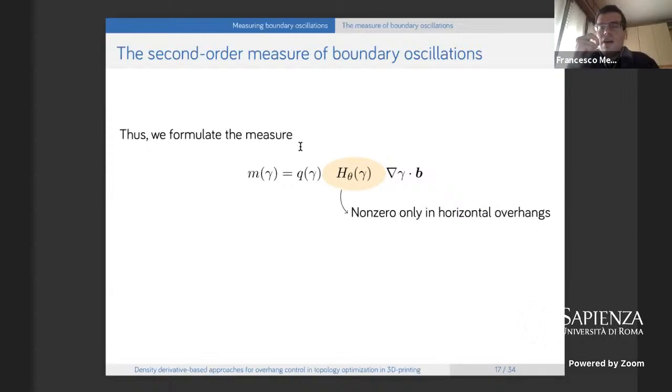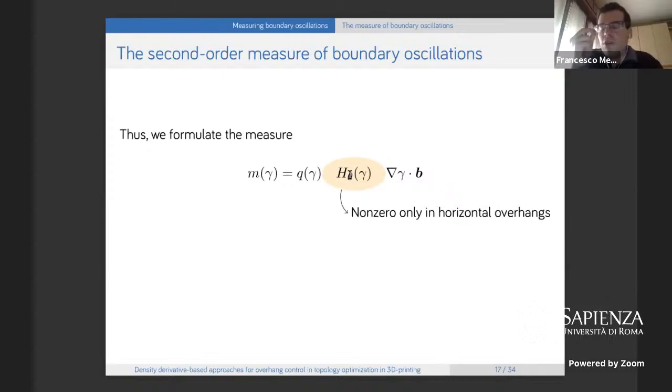It is the same Heaviside projection used in the PUP constraint, the same function we have already seen a few slides ago, with just a little difference: the angle theta, which denotes for which overhangs this Heaviside function is non-zero, is such that the cosine of theta is very close to 1.